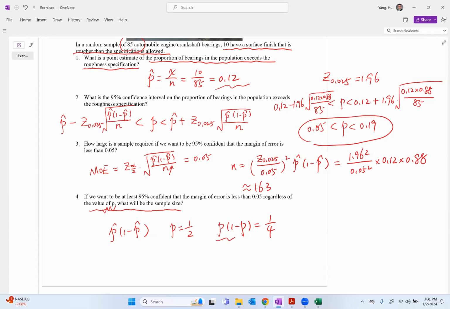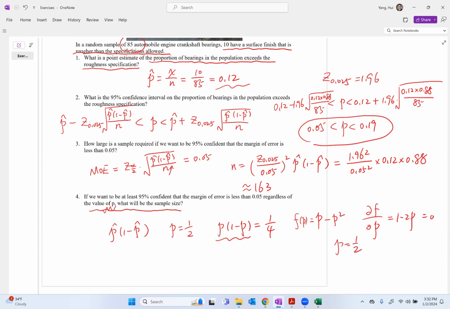This function is p minus p squared. If you take the derivative, it will be 1 minus 2p, set it to 0. So this function reaches the maximum when p equals 1/2.